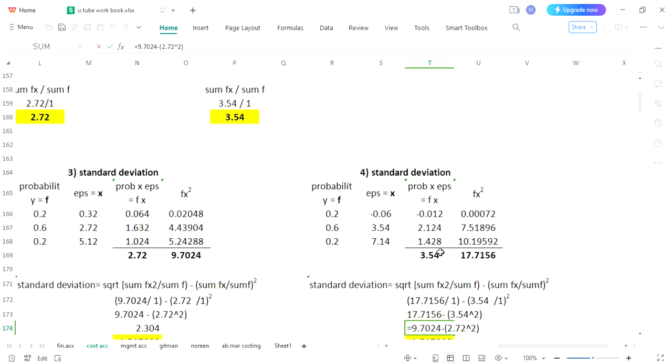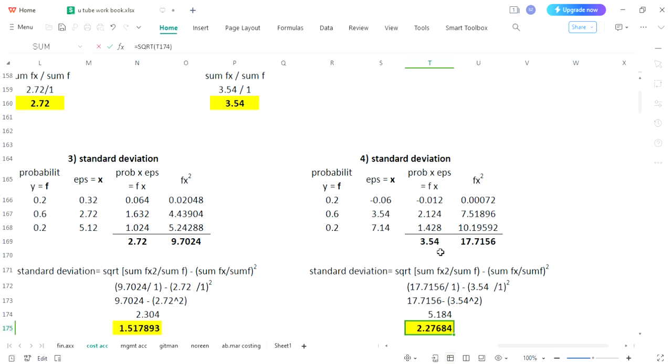Here you will start your calculations. The statement has been completed. We are putting it on the calculator, and 3.54 as sum of fx. Alright guys, calculations completed. The last step is to take the square root of the previous answer.